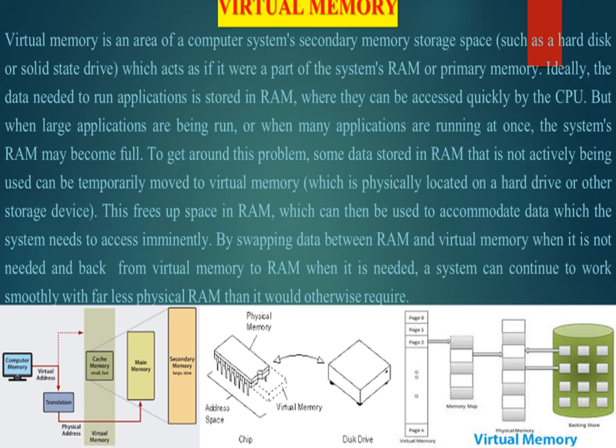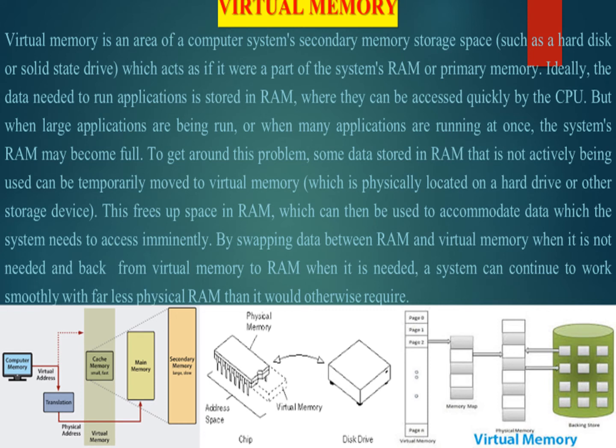But when large applications are being run, or when many applications are running at once, the system's RAM may become full. To get around this problem, some data stored in RAM that is not actively being used can be temporarily moved to virtual memory, which is physically located on a hard drive or other storage device.